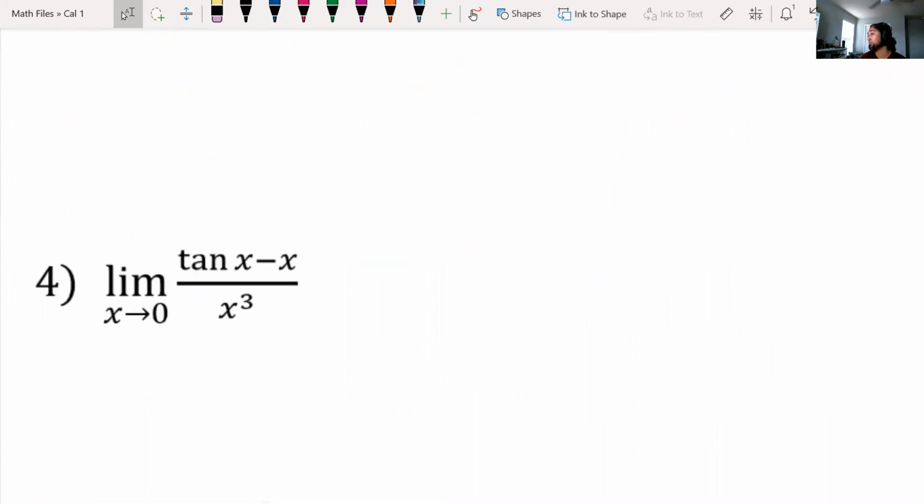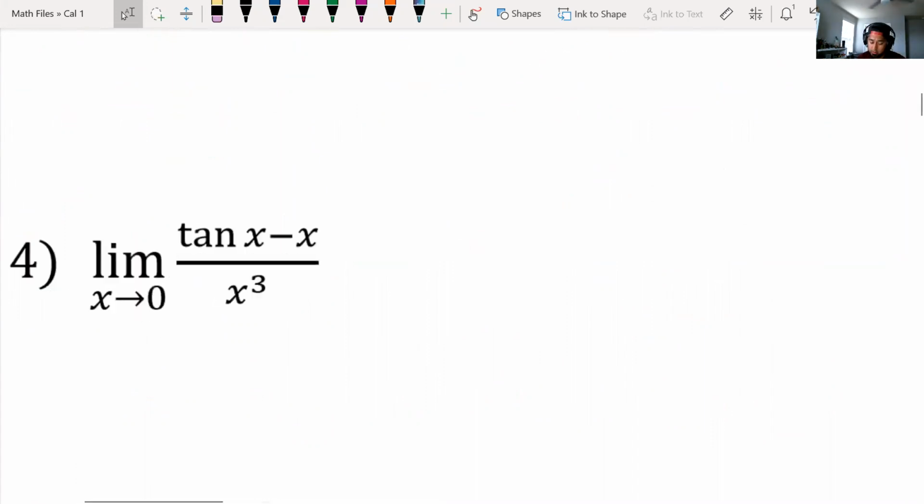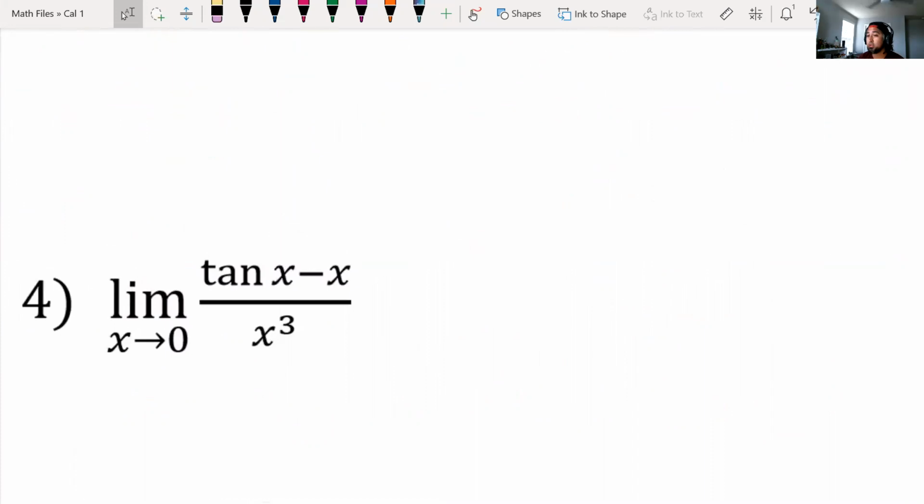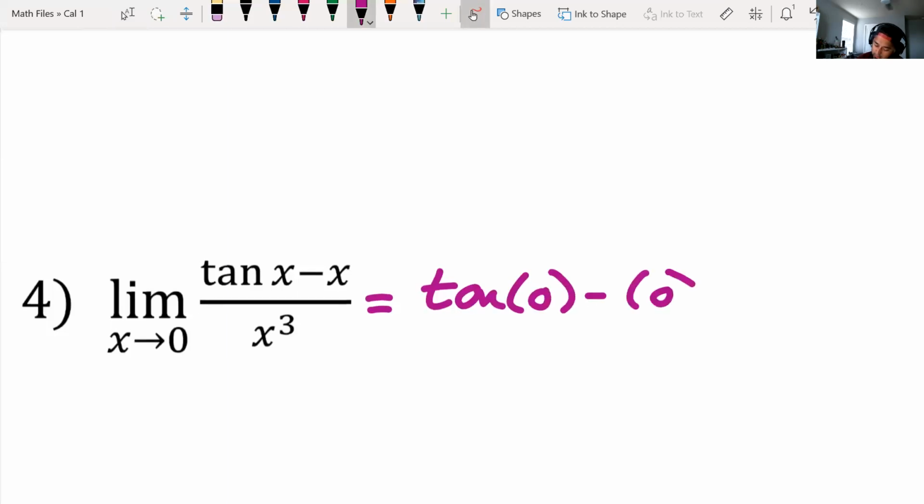All right. Number 4. The limit as x approaches 0 of tangent x minus x over x cubed. Plug it in, and you would get tangent at 0 minus 0 over 0 cubed.